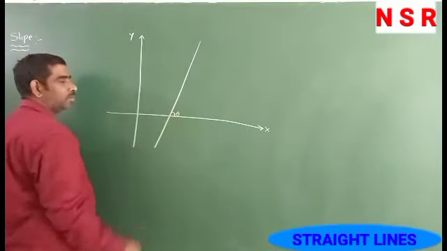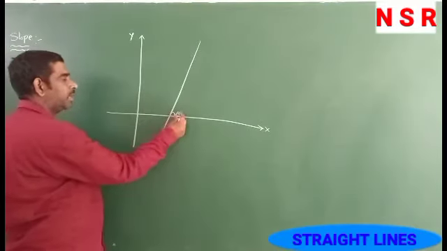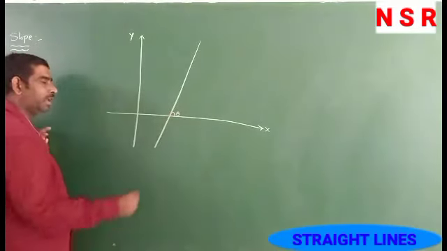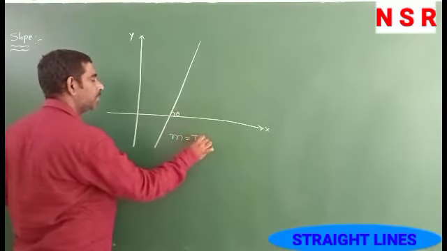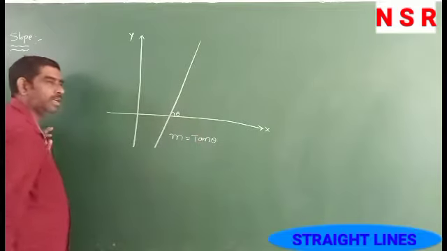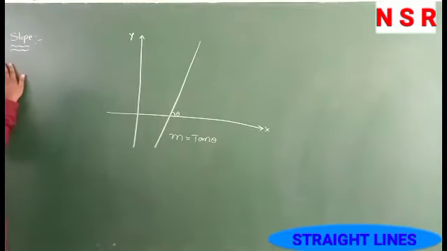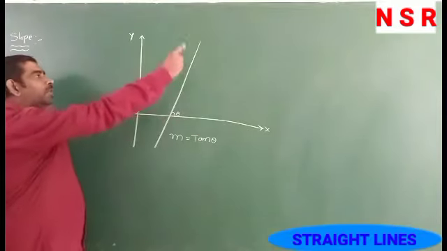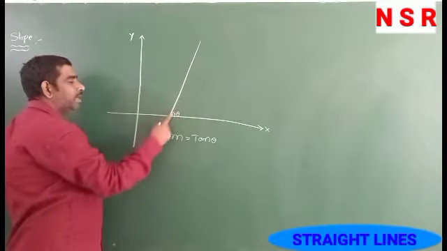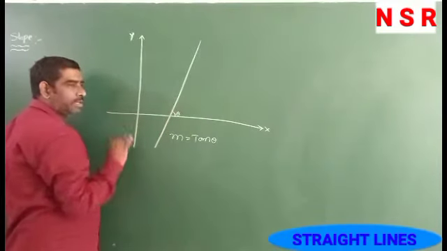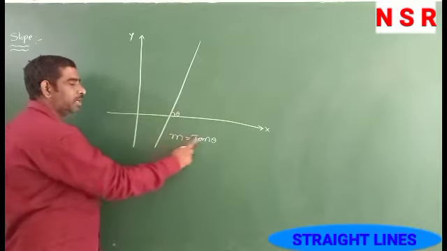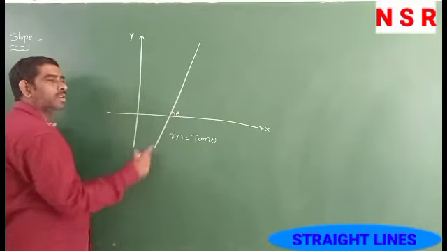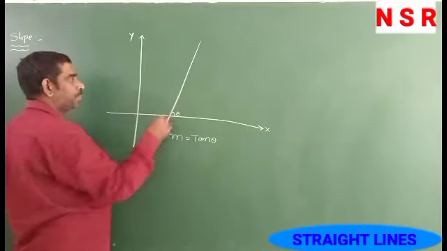Here theta is called the inclination of angle and it is denoted by slope m, that is m is equal to tan theta. So a non-vertical line makes angle theta with positive direction of x-axis, then theta is called inclination of angle and m is equal to tan theta is called slope of a line.